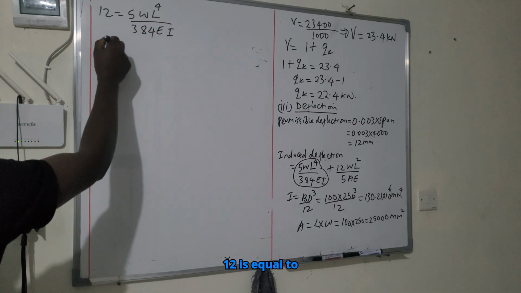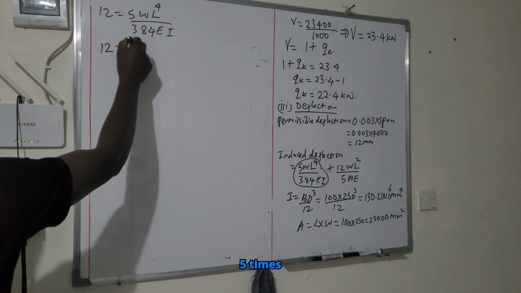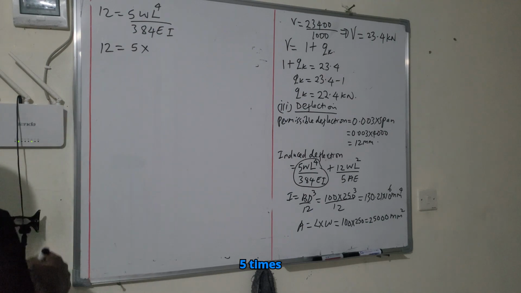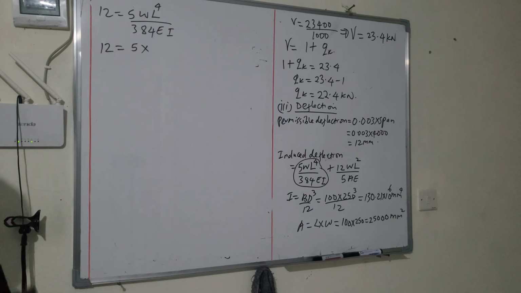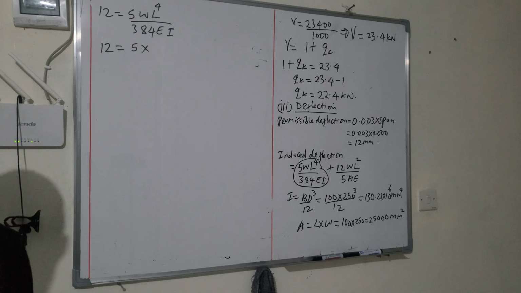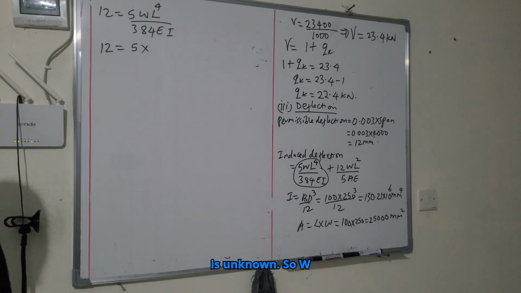So 12 is equal to 5 times our W. We don't know our W, so our W is unknown.